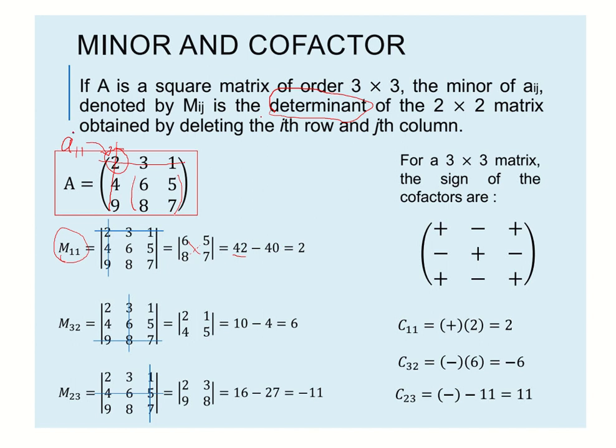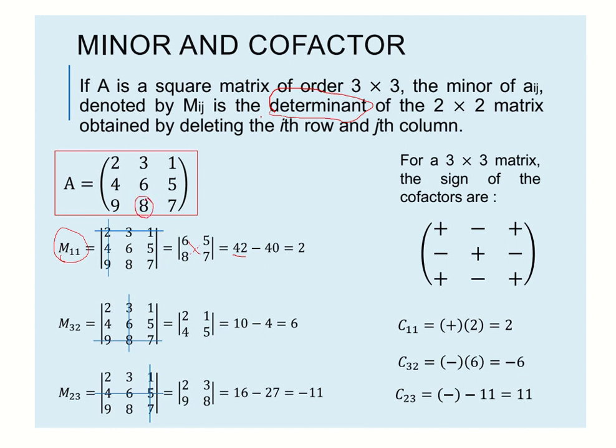Now, how about the minor for 3,2, row number 3, column number 2? It will be row 1, 2, 3, this row, and the second column.